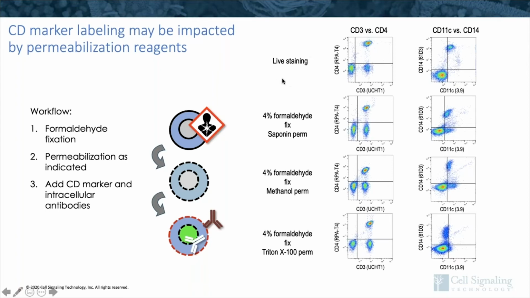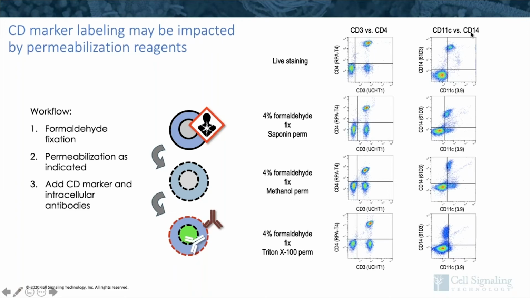Based on the live staining profile of CD3 and CD4, we're expecting 3 major populations: one that's double negative, one that's positive for CD3 and negative for CD4, and then a double positive population. If we fix and permeabilize cells with saponin, methanol, or Triton X-100 and then stain, we're still able to get a decent separation of those 3 populations, and there's no additional major population that's jumped out.